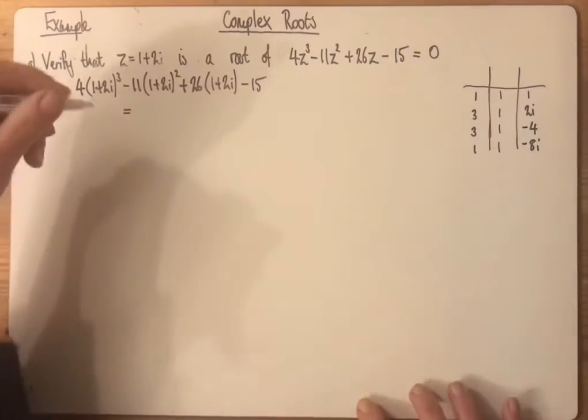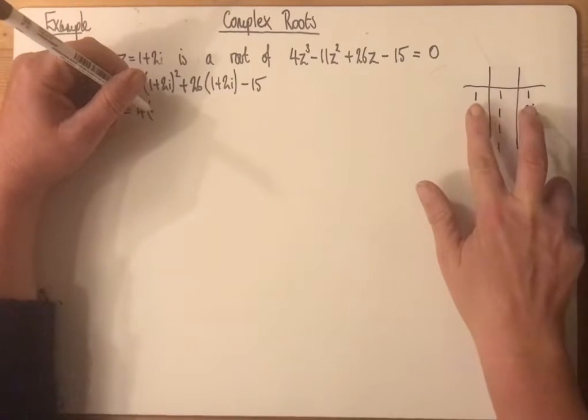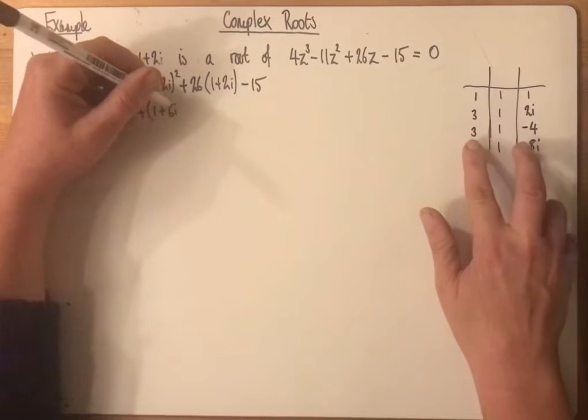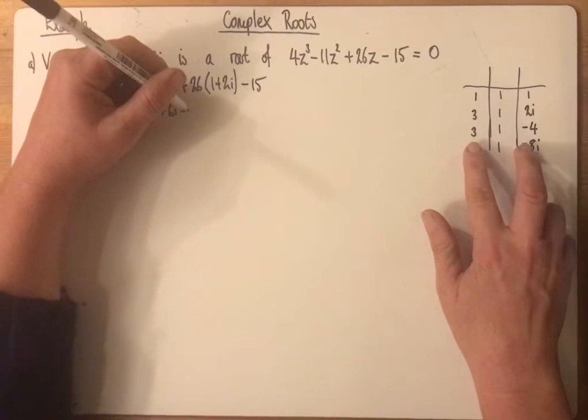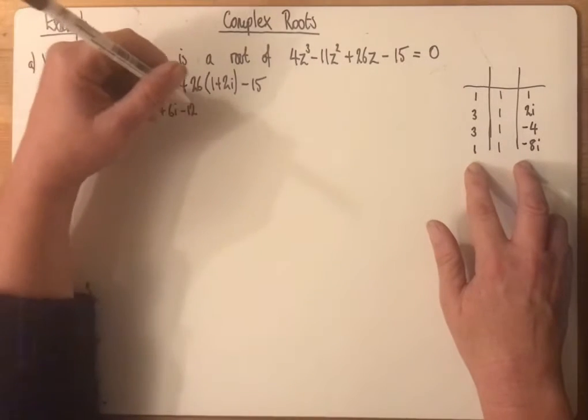So that binomial expansion, multiplying across, is 1 plus 6i minus 12 minus 8i.